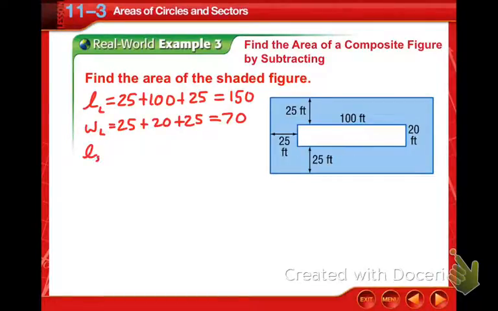Our length for the small rectangle is 100, and the width for the small rectangle is 20. So our area for the large rectangle is 150 times 70. And that comes out to be 10,500.